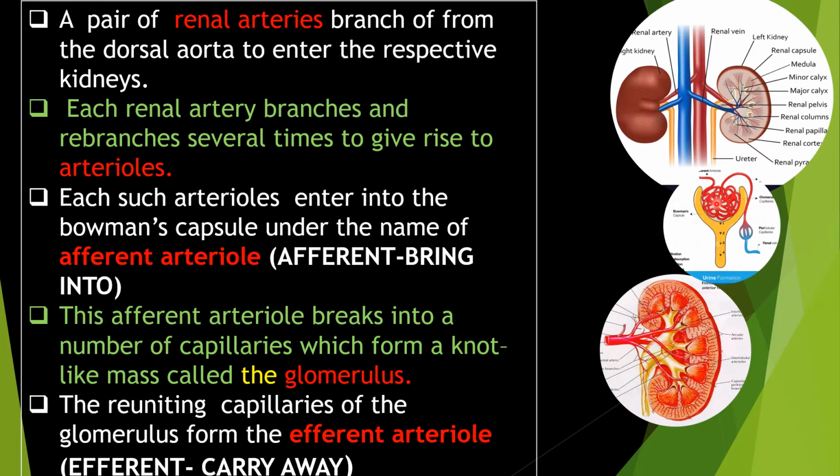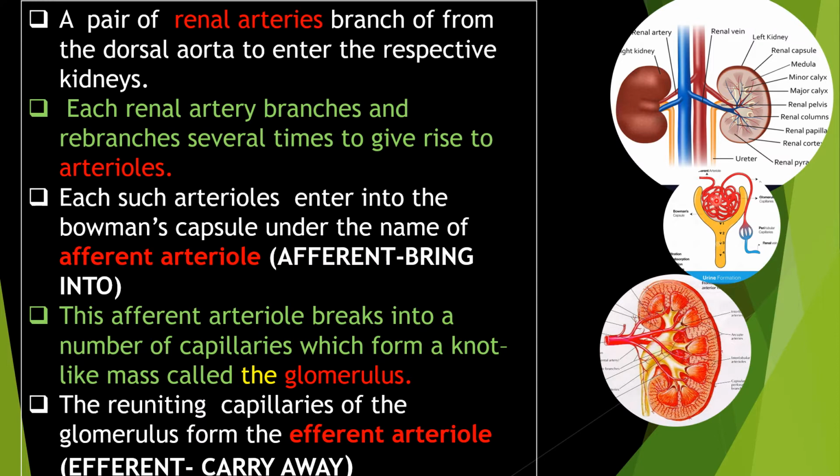Bowman's capsule. Then this afferent arteriole breaks up several times and forms numerous capillaries, a knot or mass of capillaries.